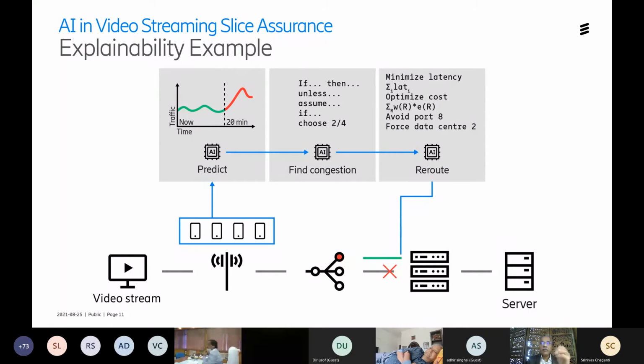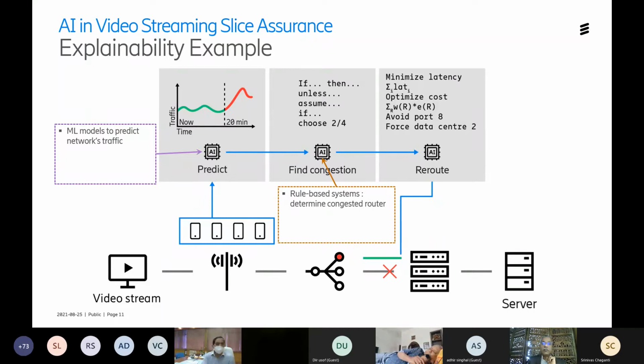So the reason I am giving you this example is I will show you now ML models that are predicting network traffic. Now we have a rule-based system here, which is using domain knowledge for figuring out incipient congestion given the predictions of ML.